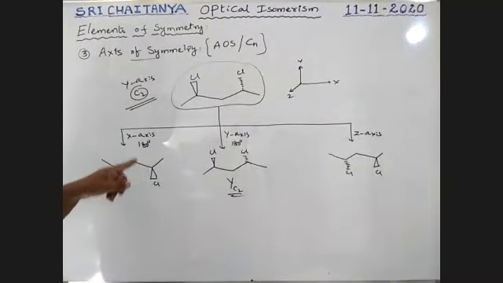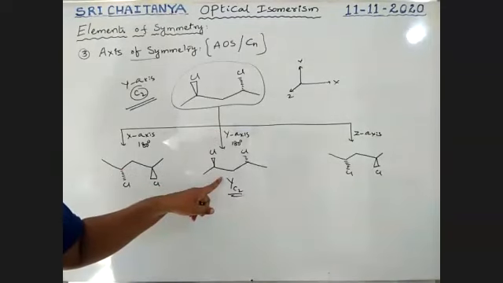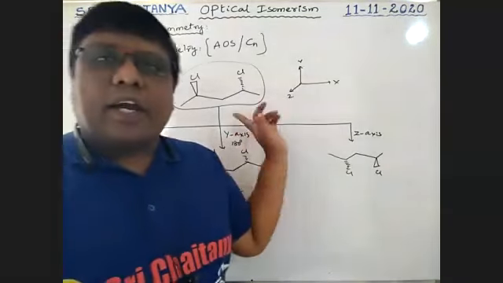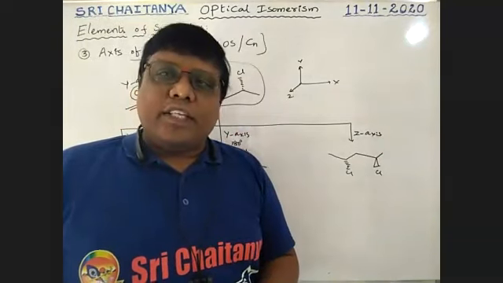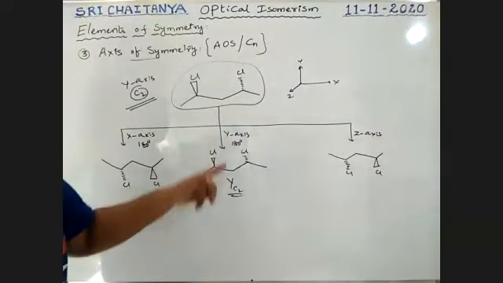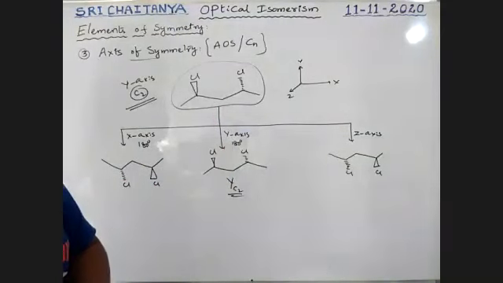So along x-axis not identical. Along y-axis it is identical. Okay. See here. Along z-axis these two are not identical, boys. Therefore, this molecule has exact identical along y-axis, that is after 180 degrees. So therefore, it has Y C2.